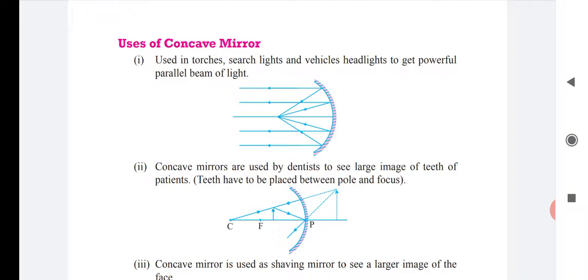So when you place the object between focus and pole, you will get an enlarged image which is virtual and erect. So in the case of a concave mirror, if you place the teeth between focus and pole, you will get the image virtual, erect and enlarged. That is, you can clearly see the teeth. So that is why dentists use this in their operations.